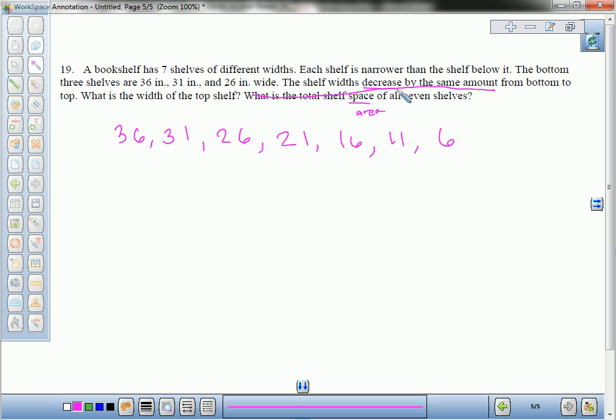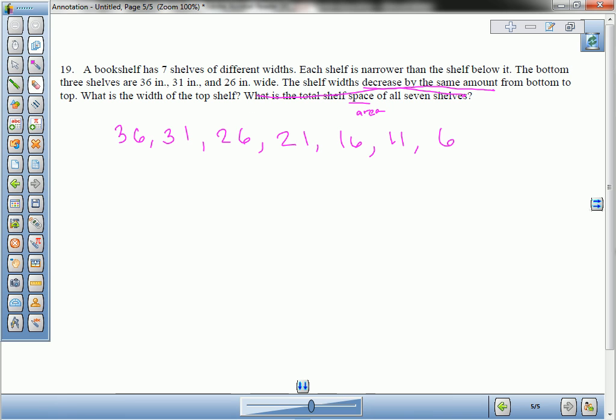I'd have to tell you each shelf is 24 inches long or something like that for you to be able to find the area. We could answer the question, how many linear feet of shelving would we need to create this bookcase?